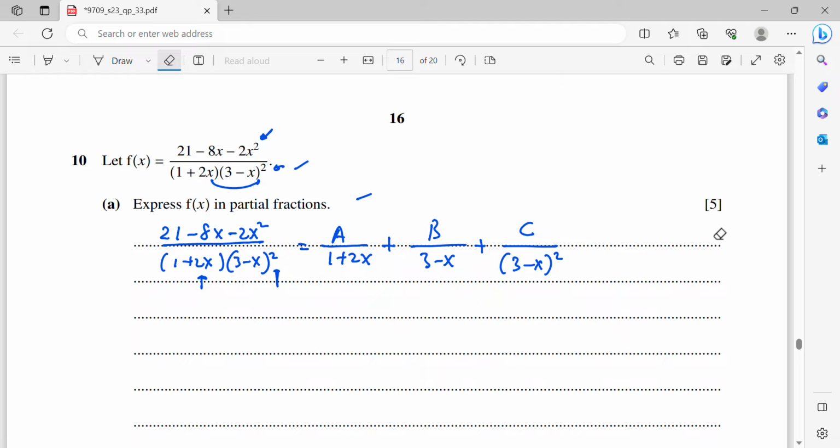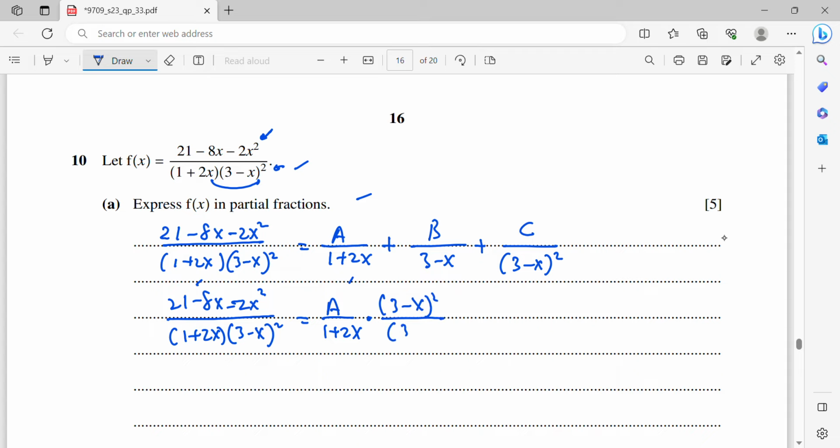Next step is to get the same denominator as in the left hand side. So when you compare with 1 plus 2x on the left hand side, I need to multiply with another 3 minus x squared for the first term. So I will rewrite my left hand side. So I multiply with 3 minus x squared and divide by 3 minus x squared. Now for the second term, b over 3 minus x.